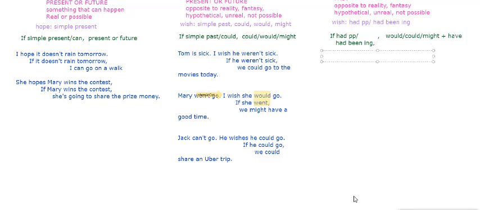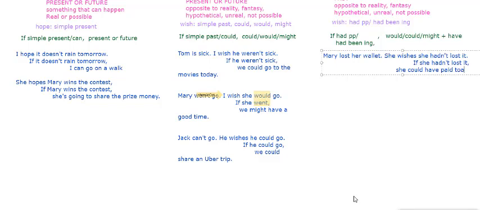Okay, so for example, Mary lost her wallet. She wishes she hadn't lost it, right? So the wish, the conditional says, if she hadn't lost it, then I can say she could have paid today. Let's see another example.